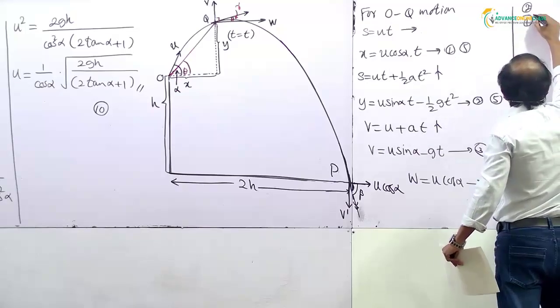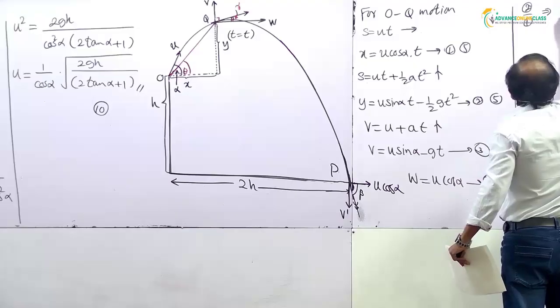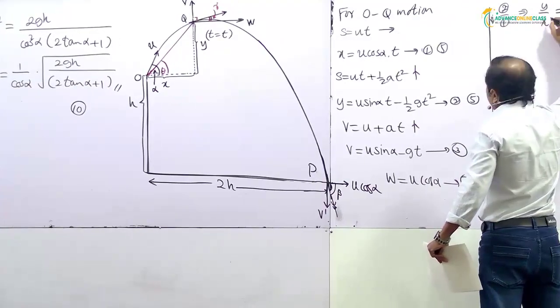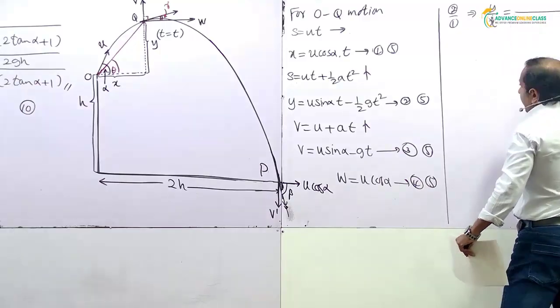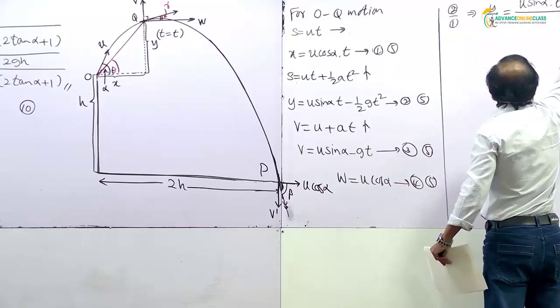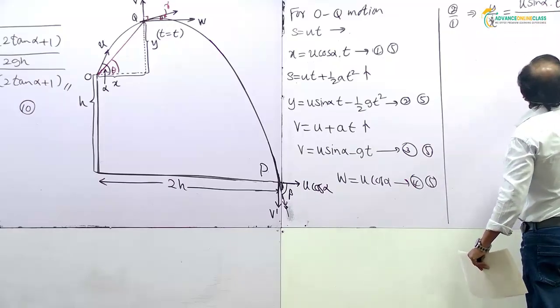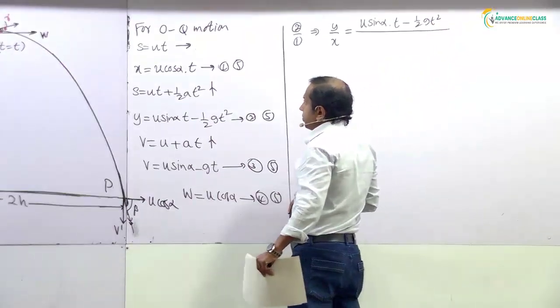Y divided by x. Y is U sin alpha t minus half g t squared. X is U cos alpha t.